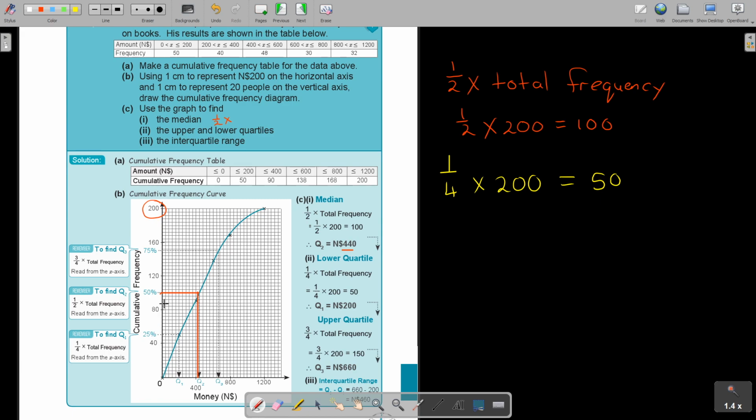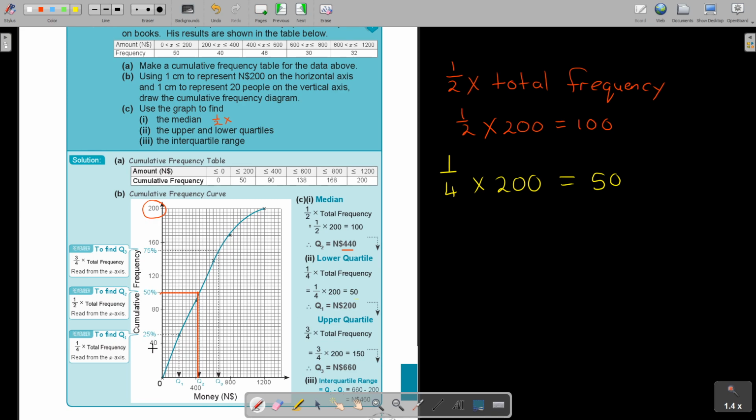So this is 50, and where will my 50 be? Yes, it is on my graph.